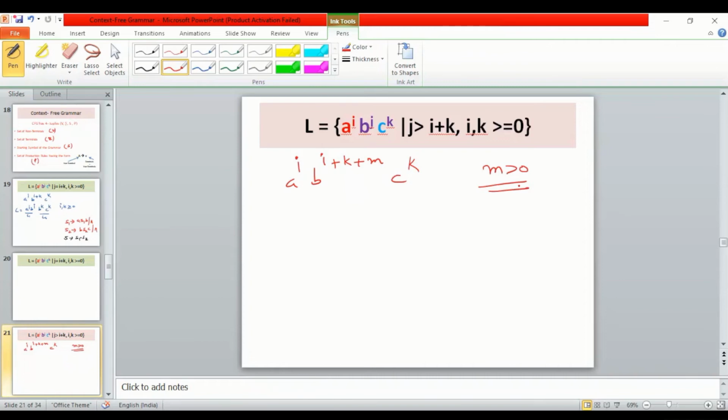So now here we have two different ways to solve this example. The first one is we'll write like this: A raised to I, B raised to I, then B raised to K, B raised to M, C raised to K. This is one way to solve this example.